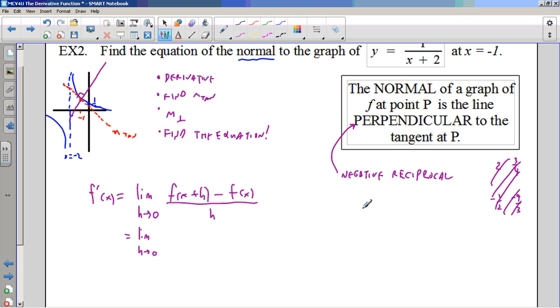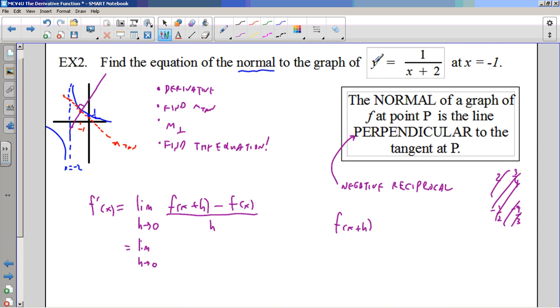Okay, so a little rough work over here. I take out, and notice I've kind of just reassigned this f of x just so it matches my notation here, and that's all well and good. Don't worry about that. I take out the x and I put in x plus h. Take out the x and put in x plus h, and that's a plus 2.